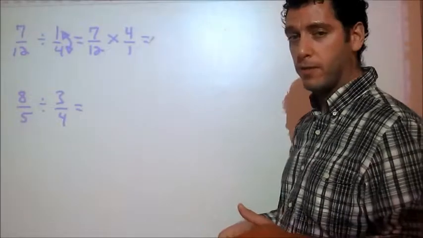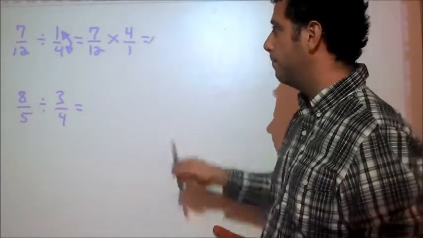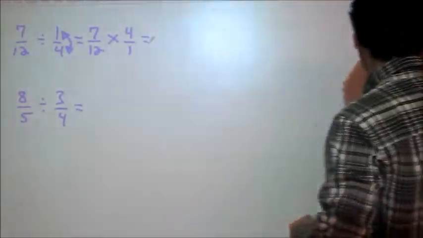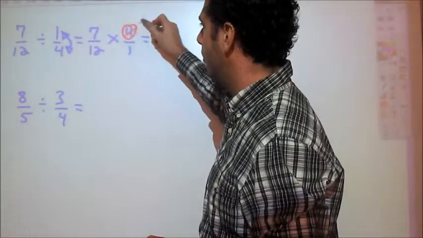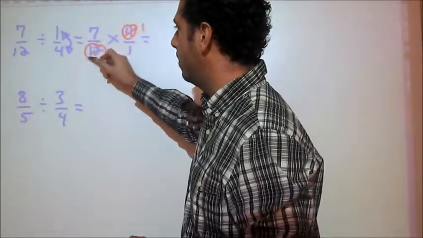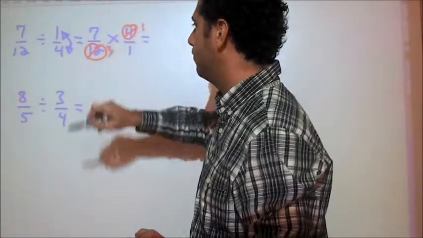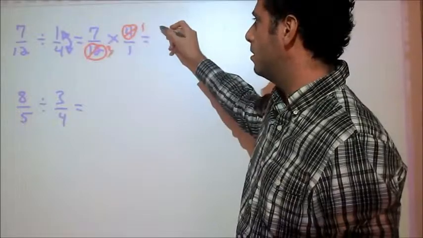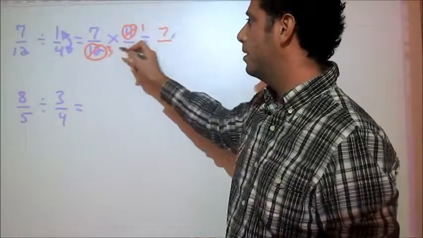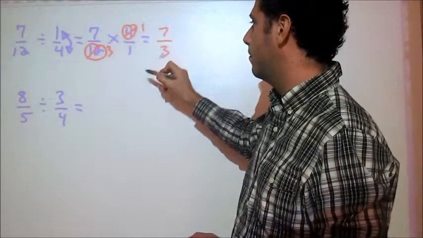So I'm going to simplify first, and then I'm going to multiply. I'll divide this by 4 and make it 1. I'll divide this by 4 and make it 3. And then I'll multiply straight across. 7 times 1 is 7. 3 times 1 is 3.